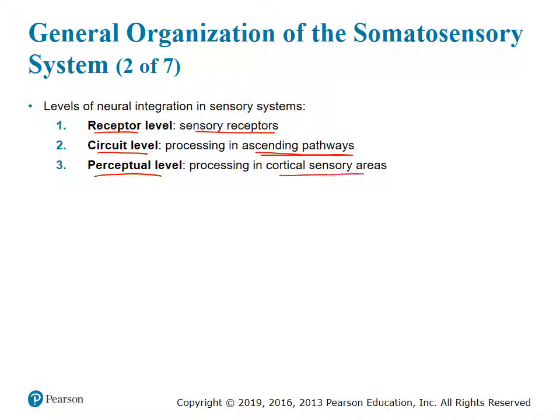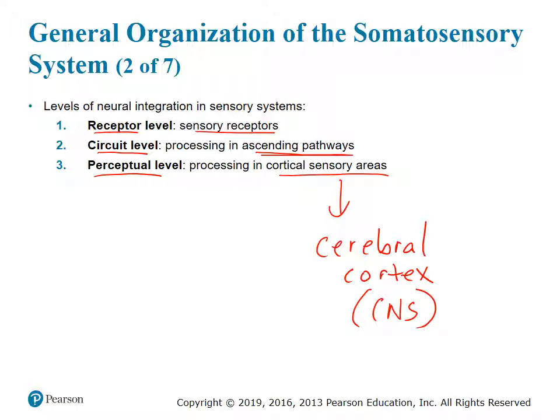And we go back to the cerebral cortex of the CNS. So we go back to that.